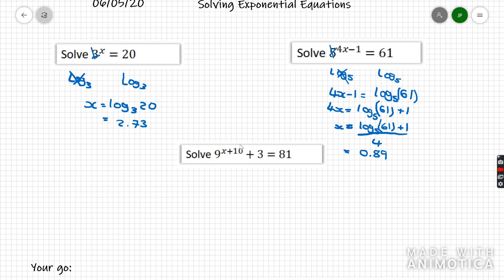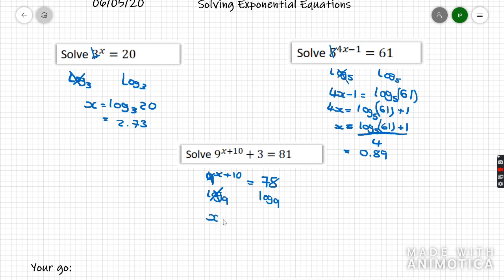Last one I just want to show you quickly before you have a go at a couple. Obviously with this first, in order to do these logs accurately, we just want, in this case, the 9 to the x plus 10 on its own. So the first thing I'm going to do is shift the 3 across. So we'll just make it 9 to the x plus 10 equals 78. Because now I can do log base 9 of both sides. Just makes it a little bit easier.